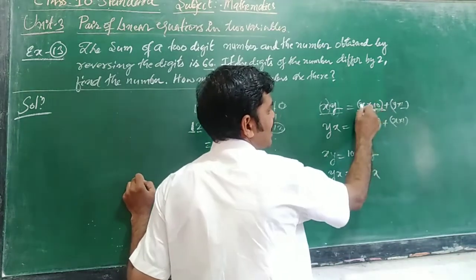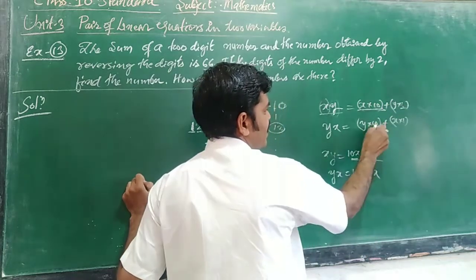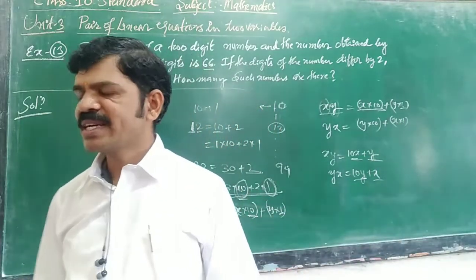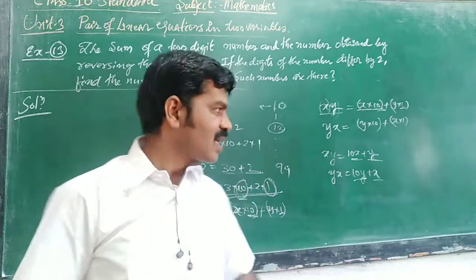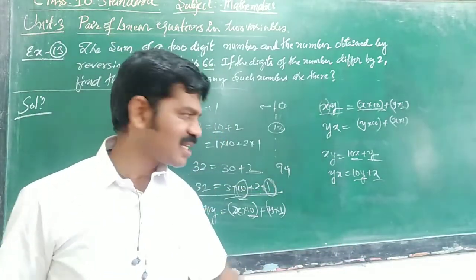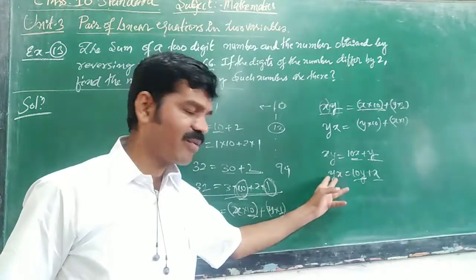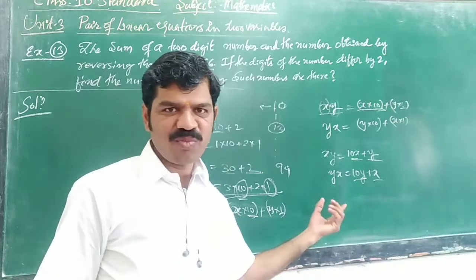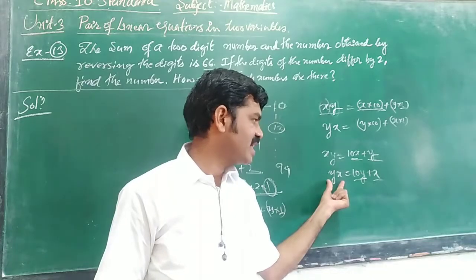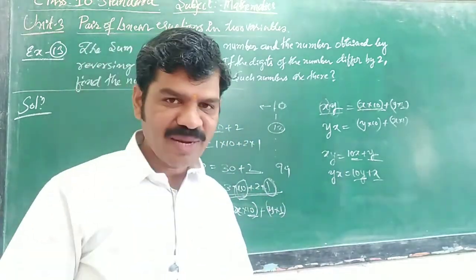See here, x into 10 is 10x, y into 1 is y, 10 into y is 10y, x into 1 is x. xy and yx are two-digit numbers. xy is a two-digit number, and I have made it reverse. It has become yx. When it is xy, I can write 10x plus y. When it is yx, I can write 10y plus x. This is the thing you need to remember.